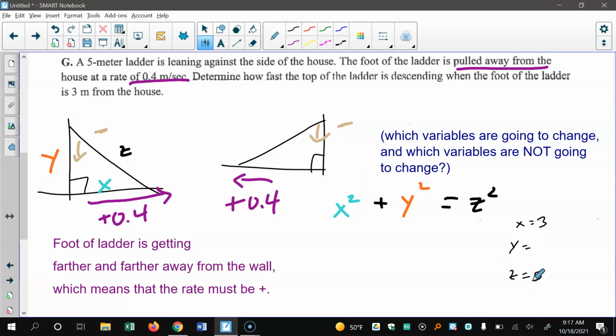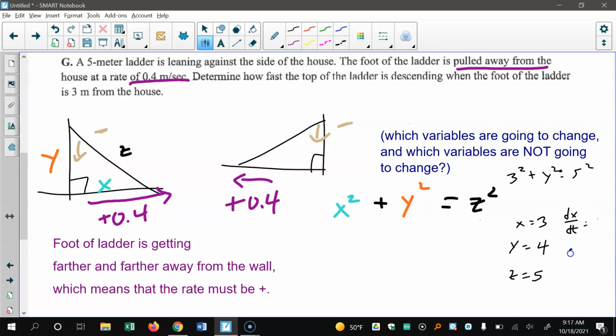If x is 3 and z is 5, if I plug that into the Pythagorean theorem, I get 3 squared plus y squared equals 5 squared. That means y has to be 4. I'm going to trust that you can finish that up on your own. That's a little bit of review of geometry.